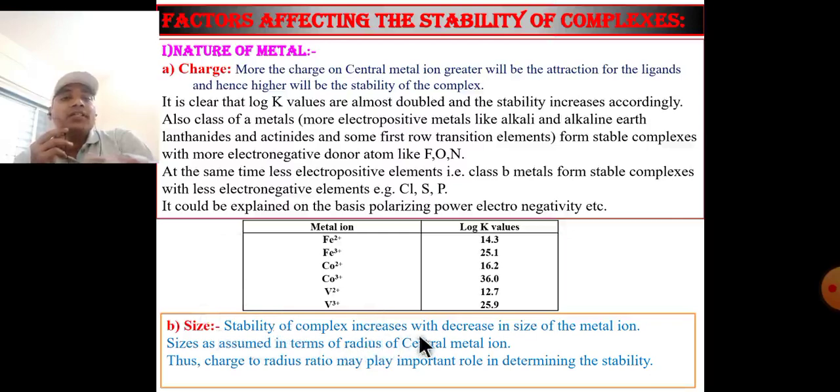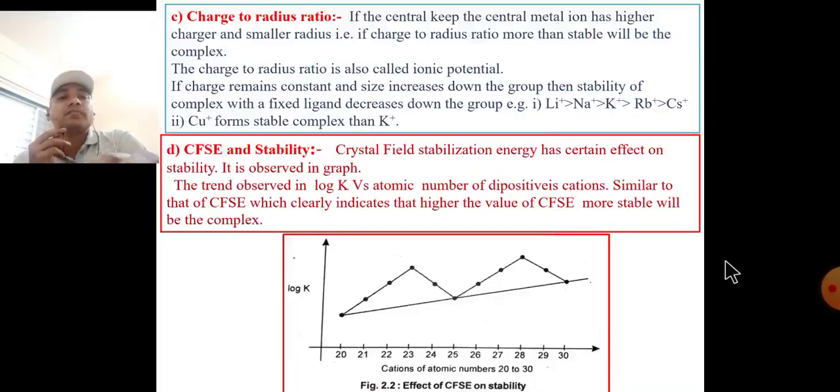Stability of complex increases with decrease in size of metal. Size is assessed in terms of the radius of the central metal ion. Thus, the charge to radius ratio may play an important role in determining the stability constant.